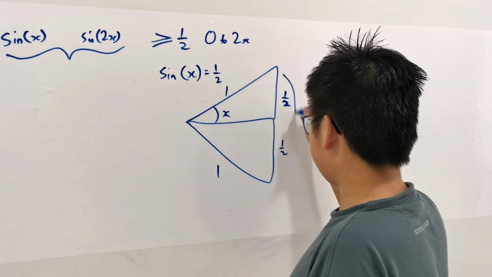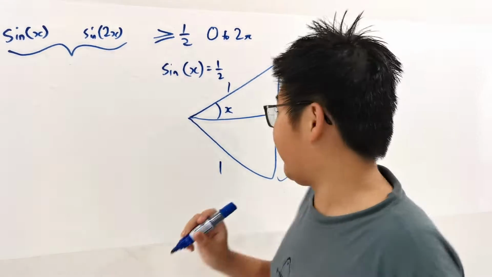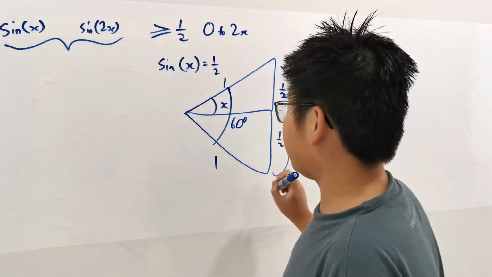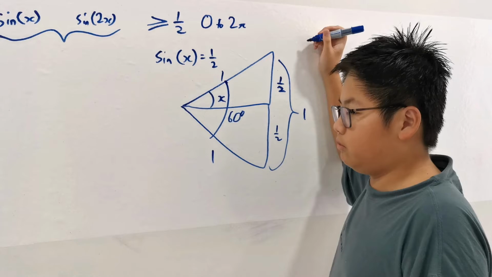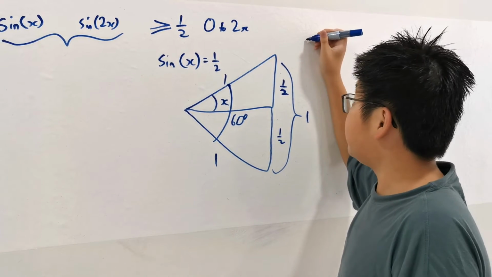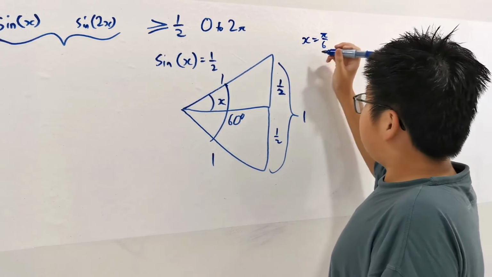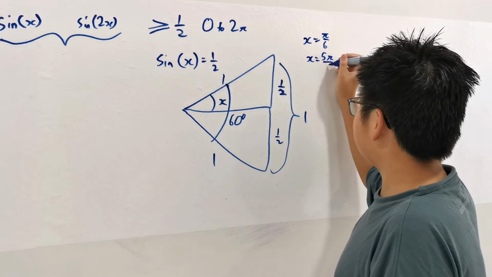We have one here. This is 1, and bingo, we have an equilateral triangle. So what is this angle? It's 60 degrees. So that means x should be 30 degrees. Or, if you prefer, since this question is in radians, x equals pi over 6. And x equals 5 pi over 6 also works.